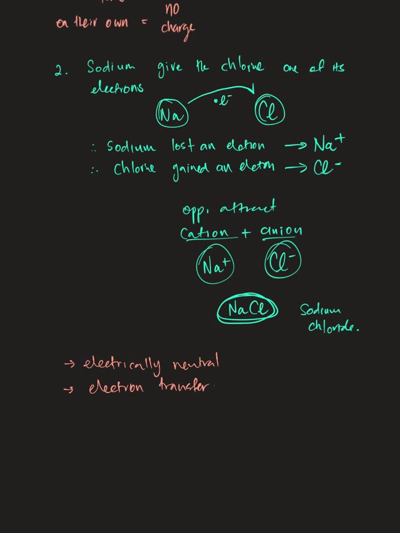There must be an electron transfer. When I have an electron transfer, I must have ions with opposite charges. Right? And once I've got that, there will be an attraction between ions.